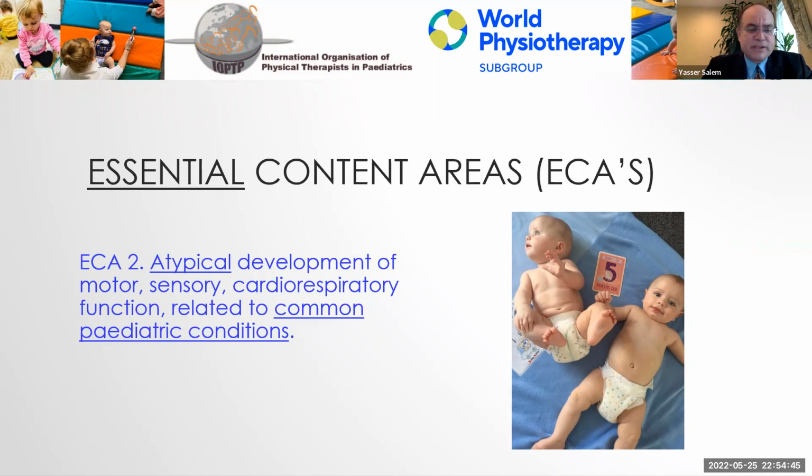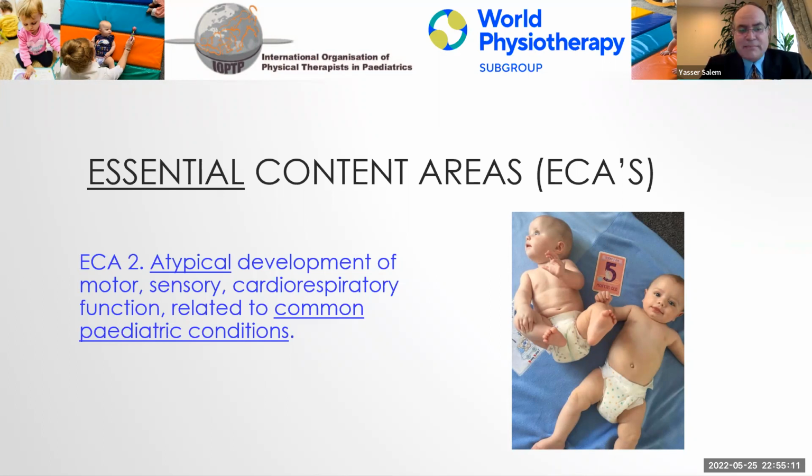When you do differential diagnosis, you need to know how each condition presents. I'll give you an example. If you have a referral and you start to see a child with spinal muscular atrophy, knowing the signs, symptoms, deviations, and presentation of a child with spinal muscular atrophy can help you to confirm diagnosis or perform differential diagnosis.